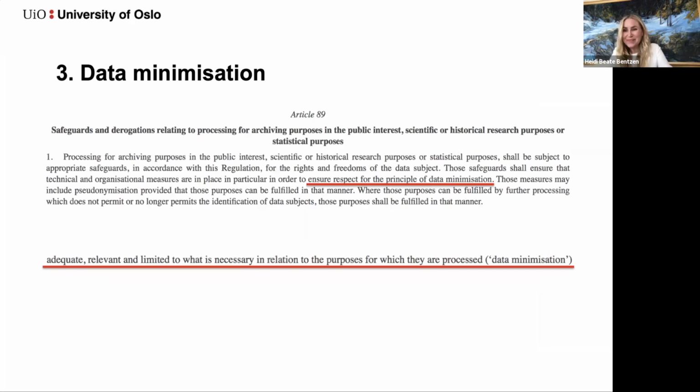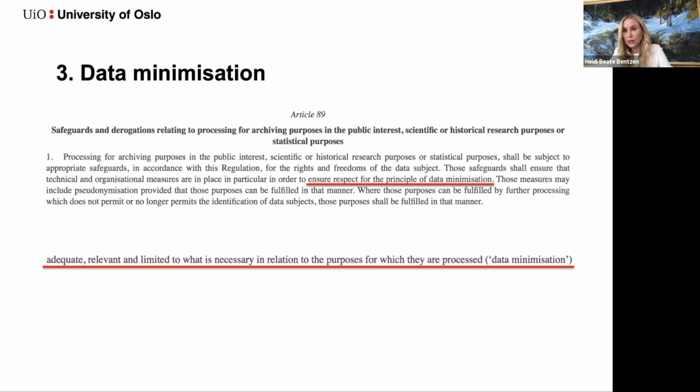The third principle of the GDPR is data minimization. The data must be adequate, relevant, and limited. This is the difficult part for genetics research. It must be limited to what is necessary in relation to the purposes for which they are processed. So that means that you need to make sure that the purpose of the processing aligns with the data you are generating.